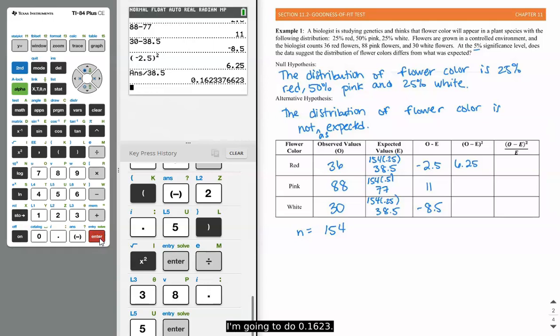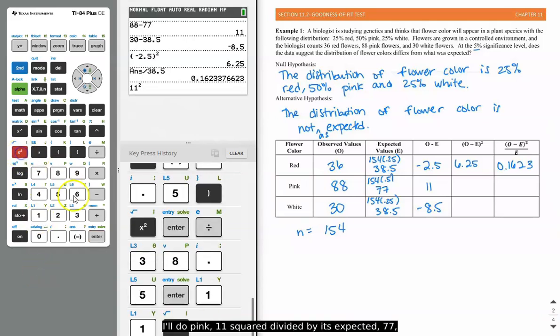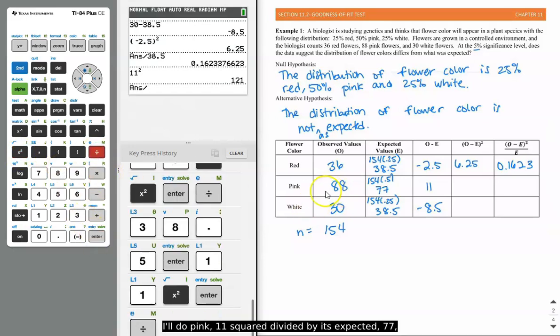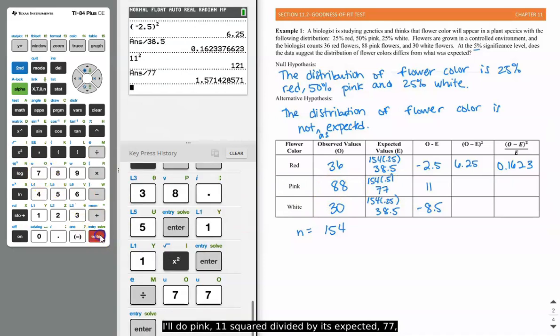And so I'm going to get 0.1623. All right, so 11 squared. I'll do the next, right? So I'll do pink. 11 squared divided by its expected, right? 77. So I get 1.5714. I'm just going to 4 decimal places.